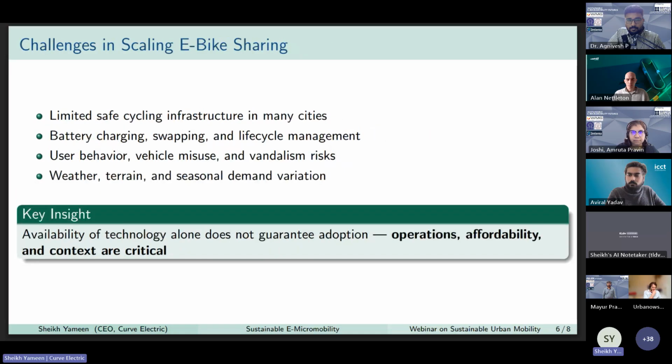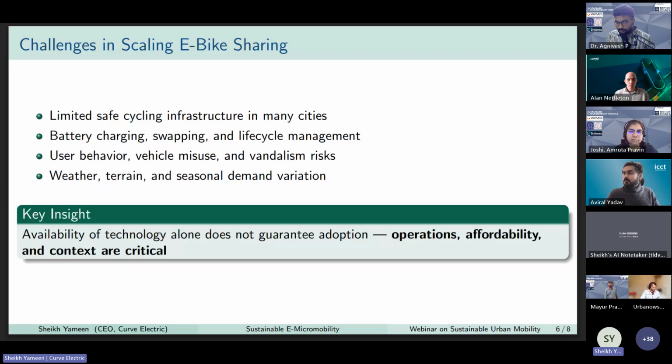Again, the biggest challenge that we face in this part of the world is the infrastructure. We do not have the necessary infrastructure that supports bicycle sharing, e-bicycle sharing, and the riders. That is the biggest hurdle that we face.